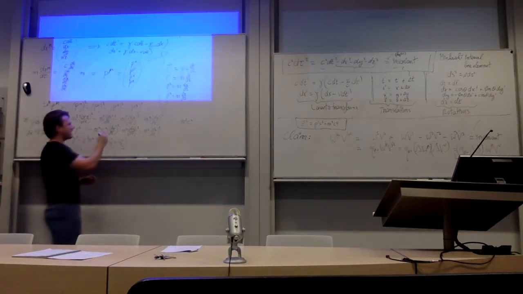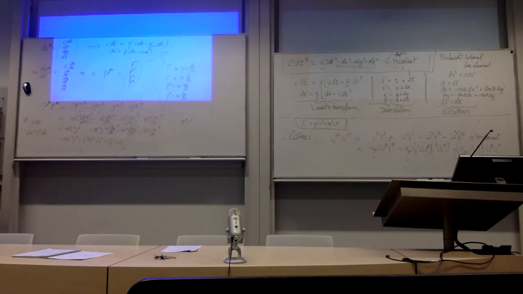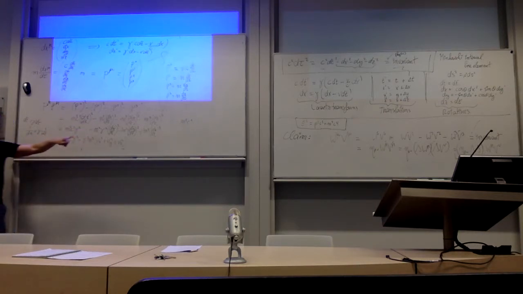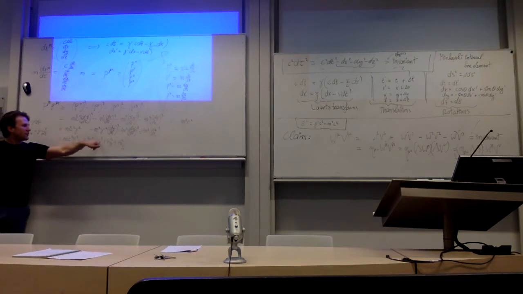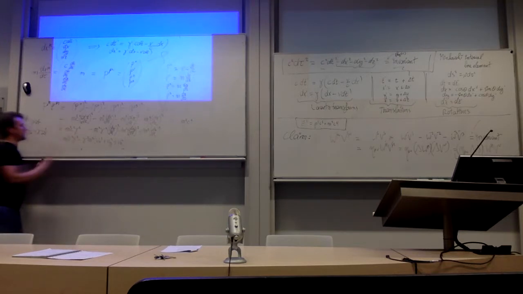Oh, yeah, sure. Here's a gamma too, and here's a gamma. So I've used time dilation to go from here to here. And I put all the v's inside this one overall bracket. Yes, and there's an m squared, thank you.